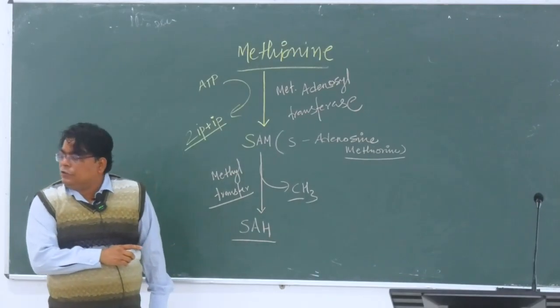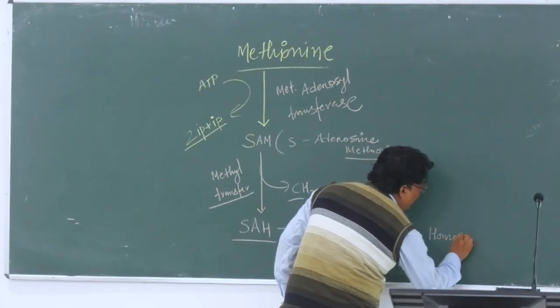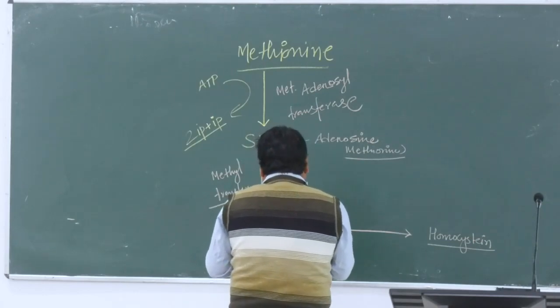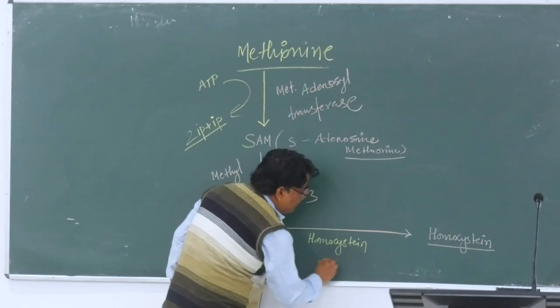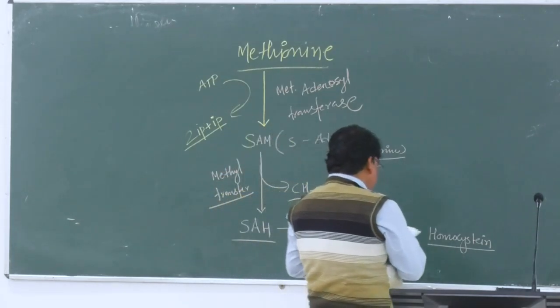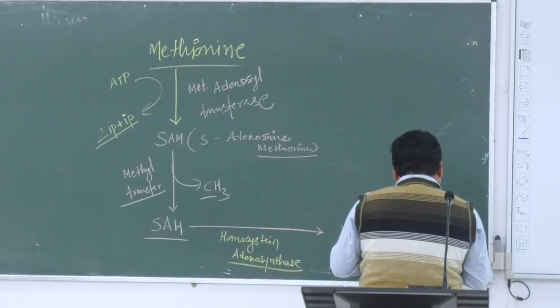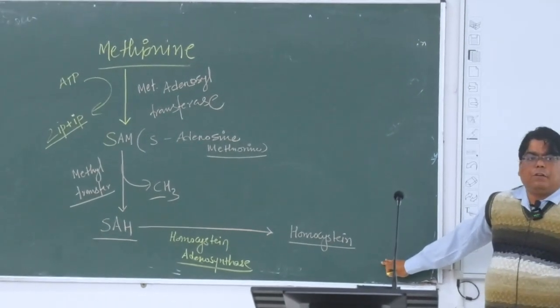So, in the next step, there is formation of homocysteine with the help of the enzyme adenosyl homocysteinase. Up to these reactions, there is formation of homocysteine.